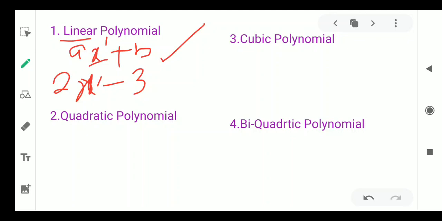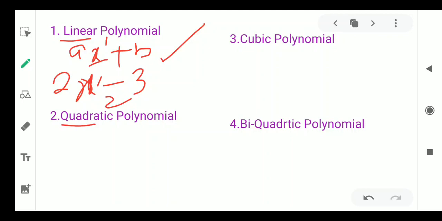Let us see the next type of polynomial, that is the quadratic polynomial. Quadra means 2. If the degree is 2, then that polynomial is called a quadratic polynomial. Now see the general form of a quadratic polynomial.